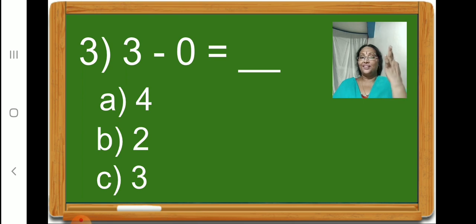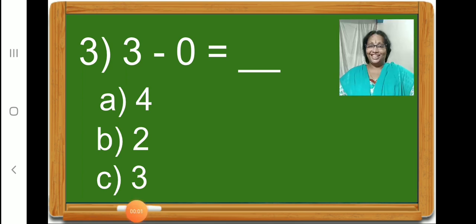Open 3 fingers. Yes. Now, we are going to minus 0, right? Therefore, fold 0 fingers. Now, count and see how many fingers are there. 1, 2, 3. Therefore, 3 minus 0 is equal to 3.